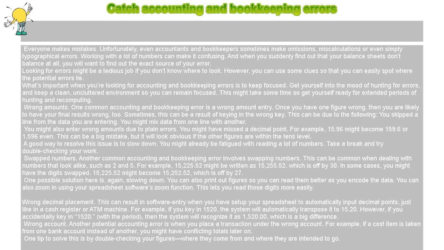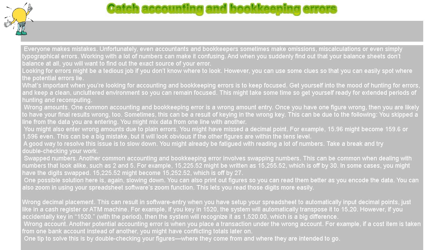However, if you accidentally key in 1520 with the period, then the system will recognize it as 1520.00, which is a big difference.